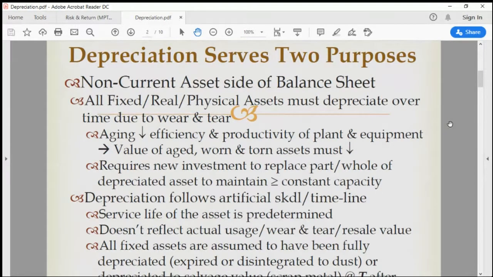But the reason I digressed a lot from the main topic is because of the word depreciation. You think you understand the word depreciation. Of course, you understand it in everyday usage.